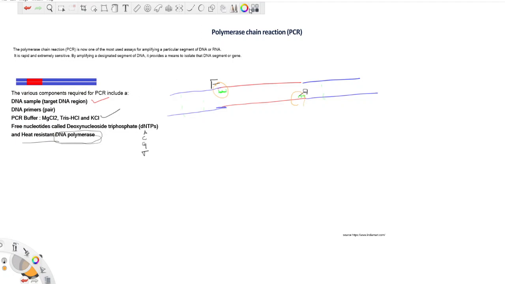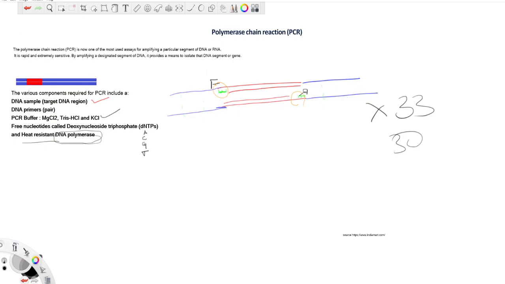And once this region has been recognized, it's going to synthesize new chains like this, and this reaction, just like your photocopy, is going to repeat maybe 33 times, maybe 30 times, however long you want it to repeat.